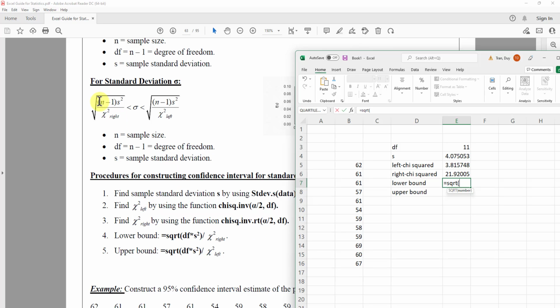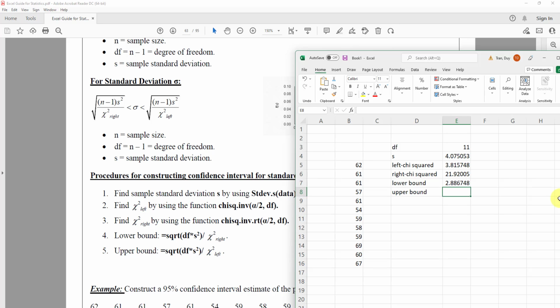The square root of n minus 1, which is the degree of freedom, so that is 11, multiplied by s squared. Multiplying by s squared means multiplying s by itself, so multiply by another one. And then divide by the chi-square from the right, which is this value. And then we just close it. And here is your lower bound.